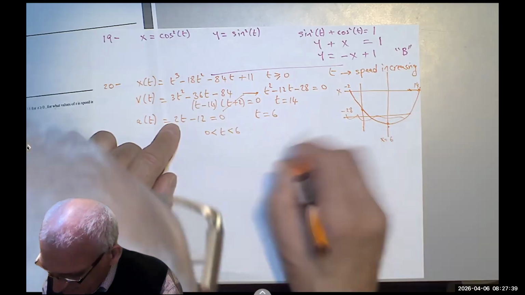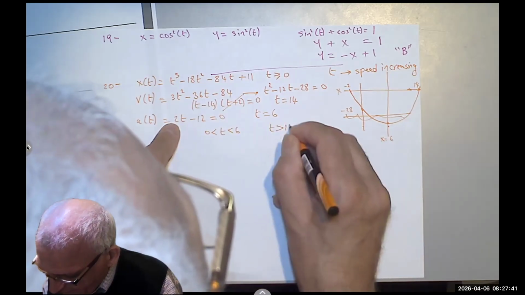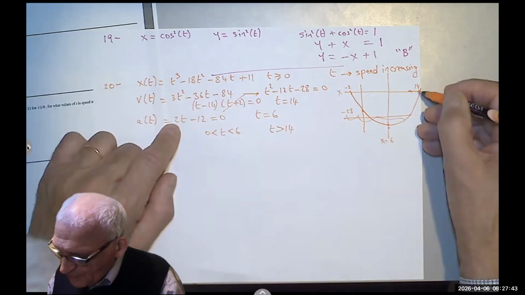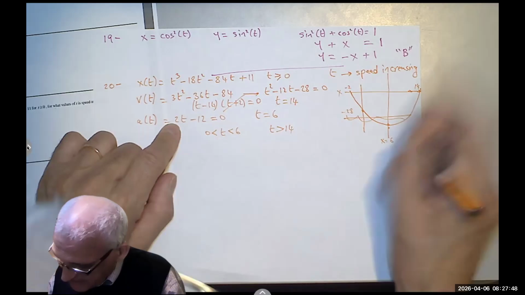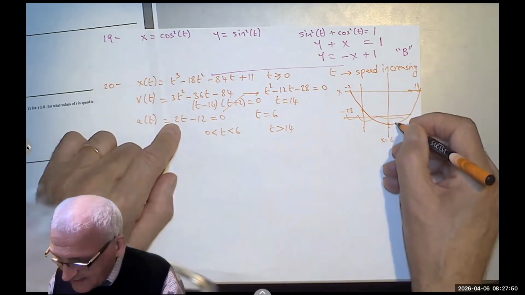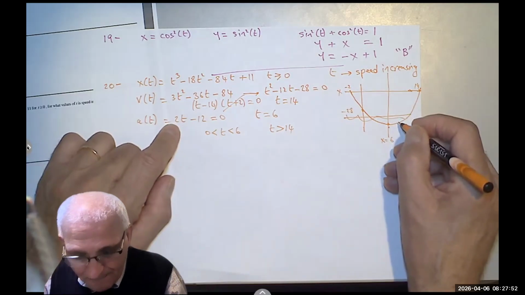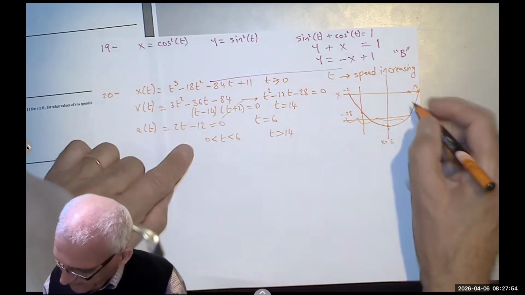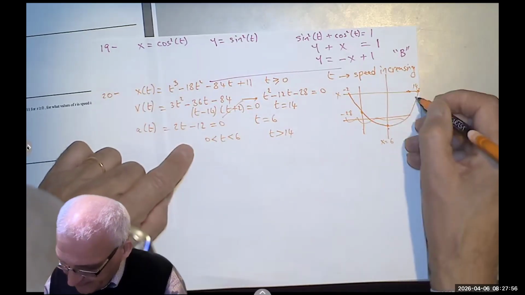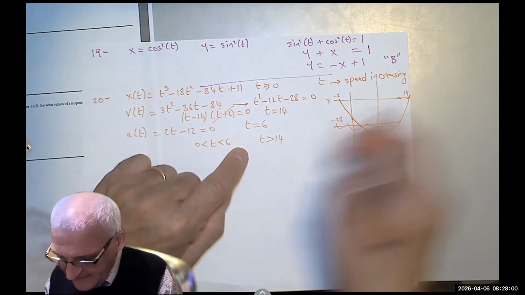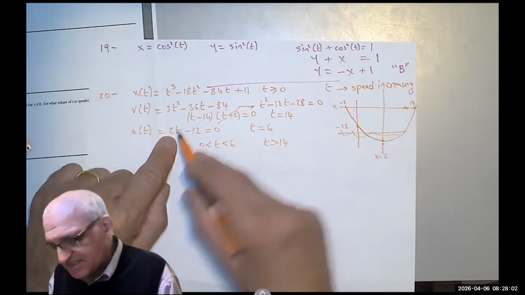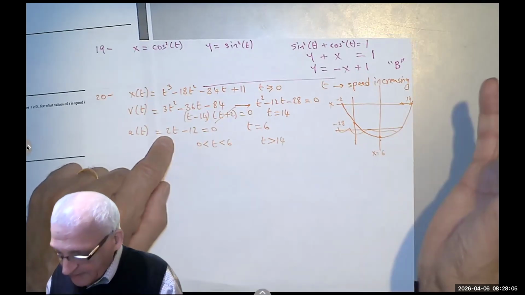And finally, if t is greater than 14, we know that the velocity is positive. The acceleration would remain positive after that, because once t exceeds 6, it's always going to be positive.